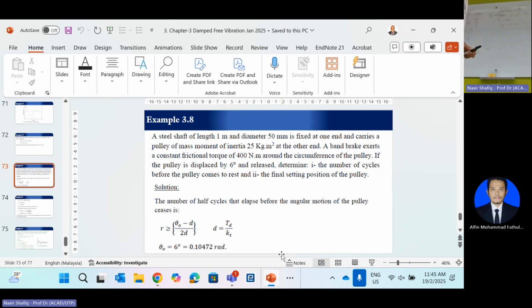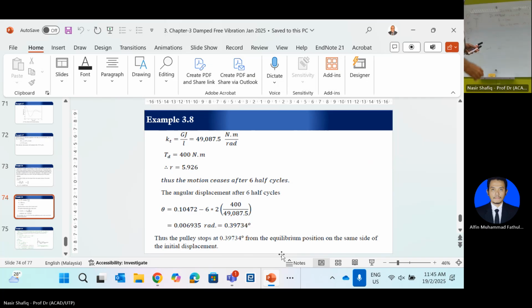So J of the circular shaft, solid, is pi by 2 R to the power 4, so pi by 2 into 0.05 upon 2 to the power 4, right?